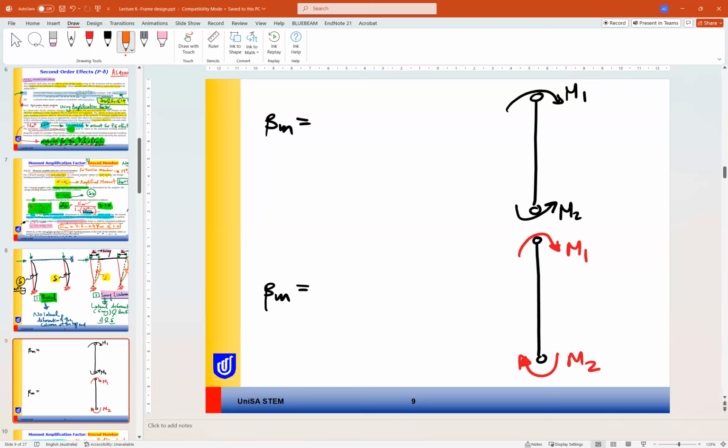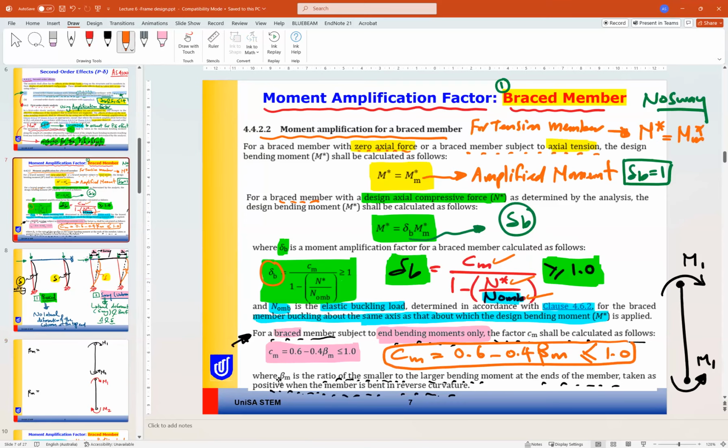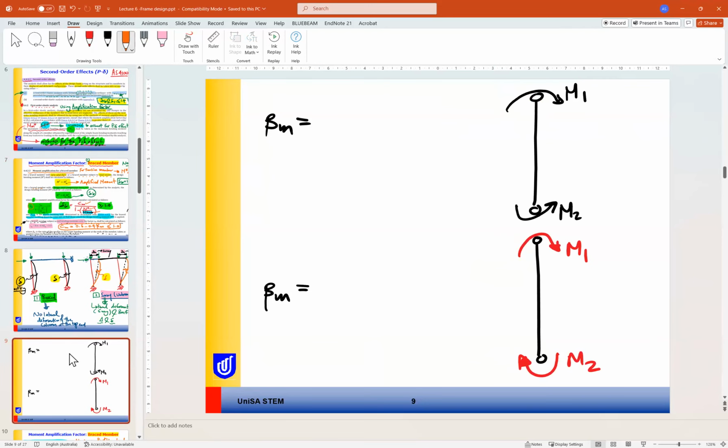The standard mentions that beta m is the ratio of the smaller moment to the larger moment. So we'll assume that M1 is smaller or larger. What do you think? Students who have studied steel and timber before, which one is M1, which one is M2?